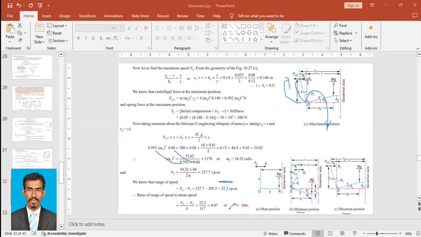So this is the answer. The question was to find the ratio, N2 minus N1, the range of speed, over N, the mean speed, and this ratio is 7%. Okay.